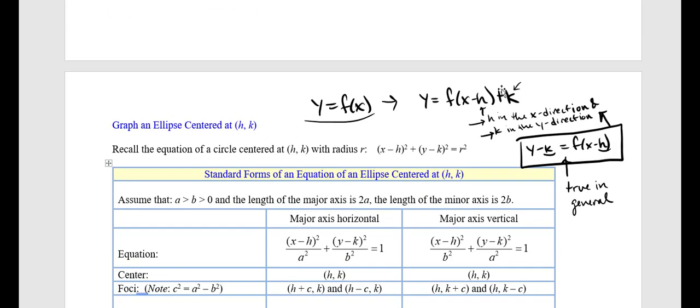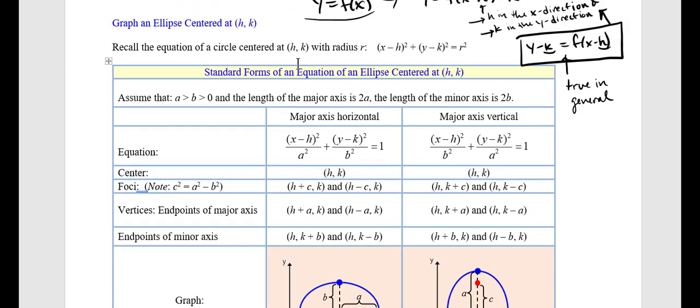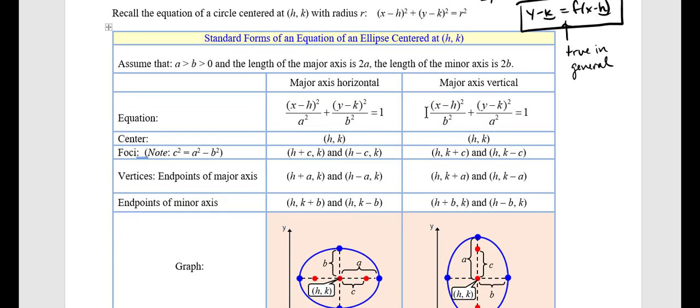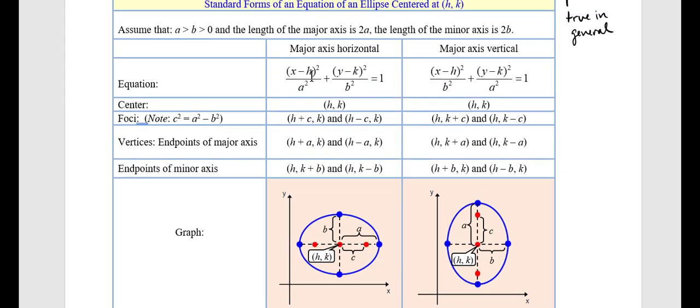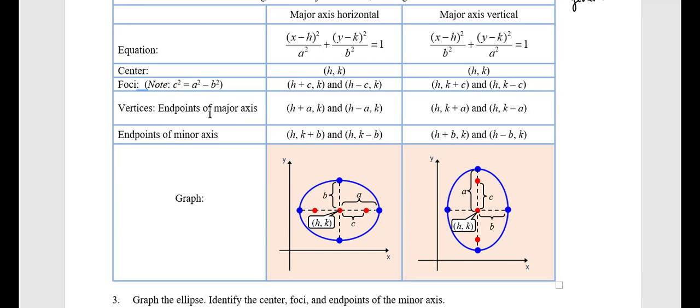So with that in mind, we can actually think of these ellipses shifted with their center at some other point h, k. All we're going to do is take the previous equations and subtract h from the x in both and k from the y in both. Now that's going to shift where our foci sit, but it's just a simple shift, right? We know how to add h to all the x coordinates and k to all the y coordinates to get our new locations of these values.